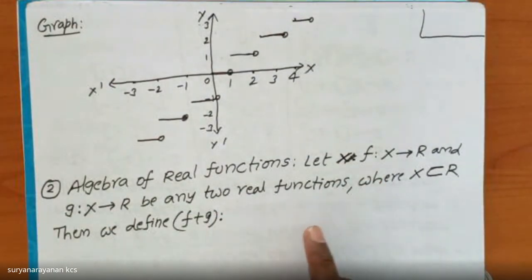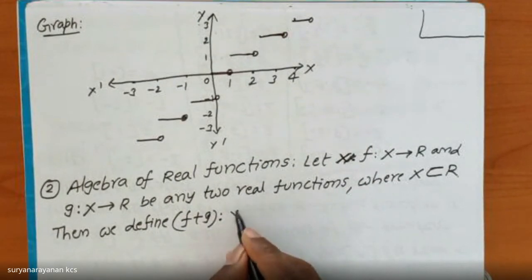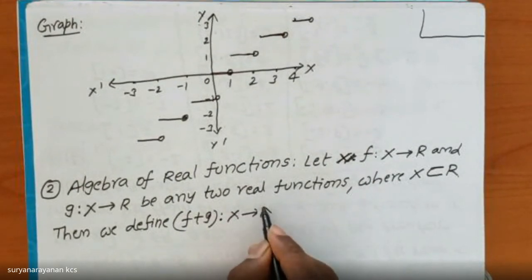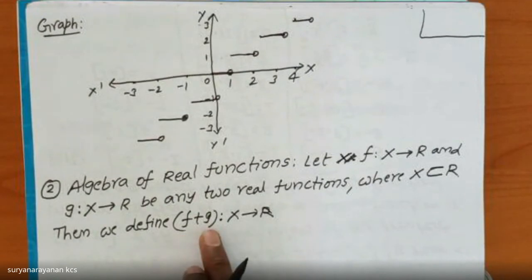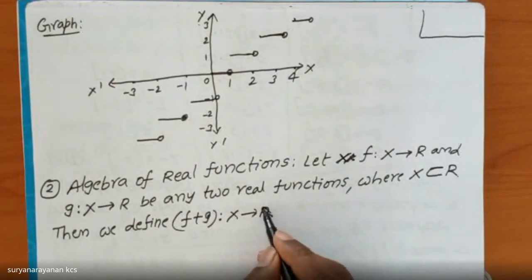If you apply the algebra of functions, means sum, difference, product or quotient of two functions, they should be defined on the same domain. Okay, so f plus g is a function from X to R.